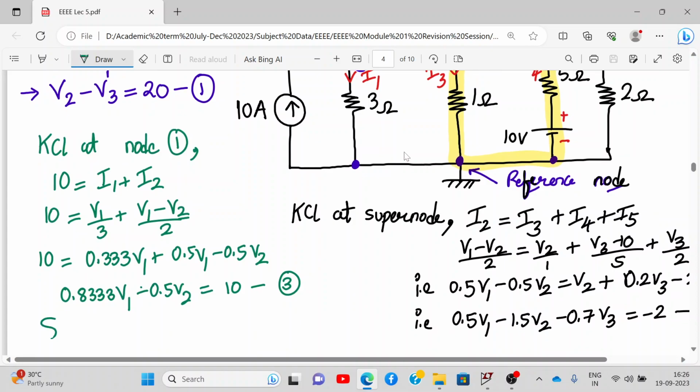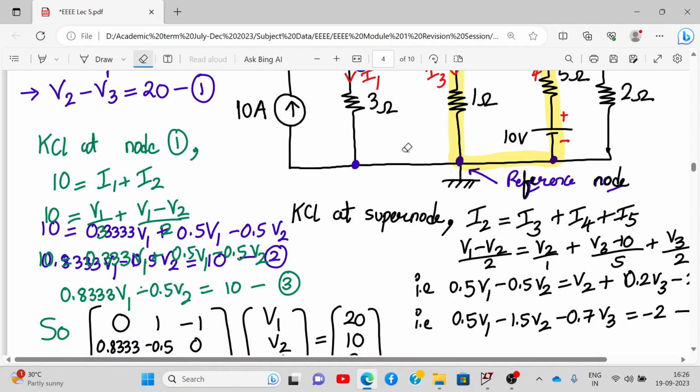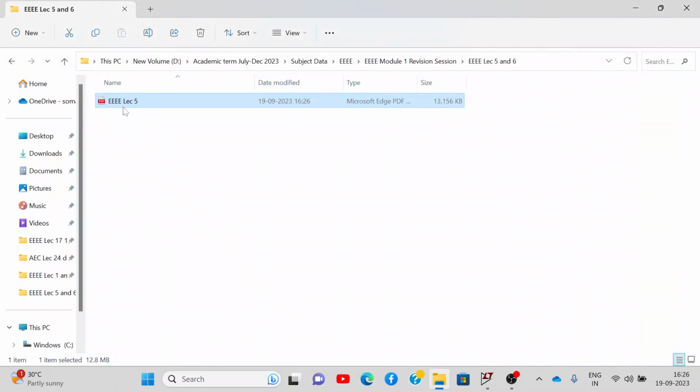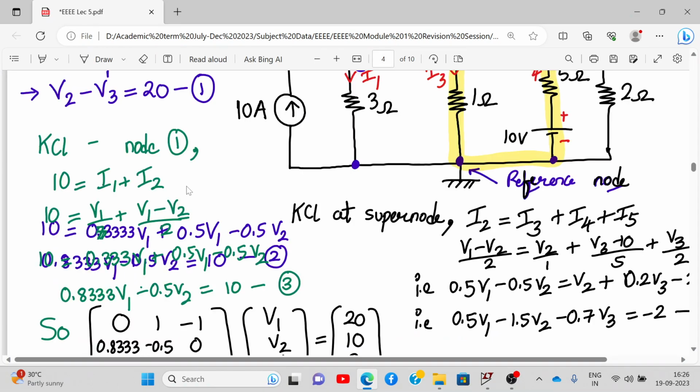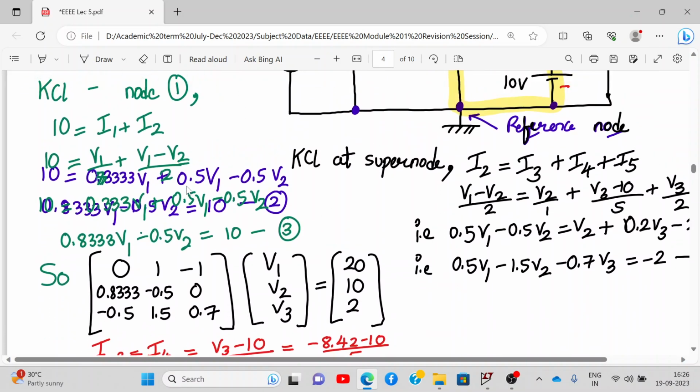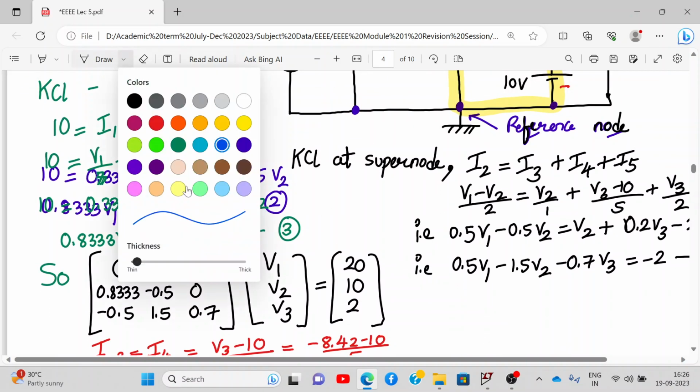So we can write, solve equation number 1. Oh, sorry. Again, I guess this overwriting is coming. Sorry for that. Okay, so let me wipe that out.